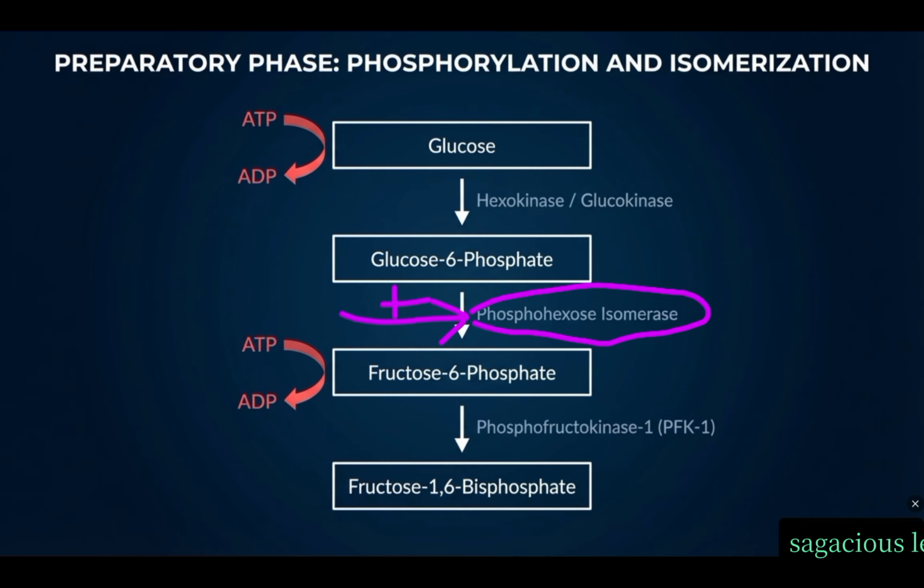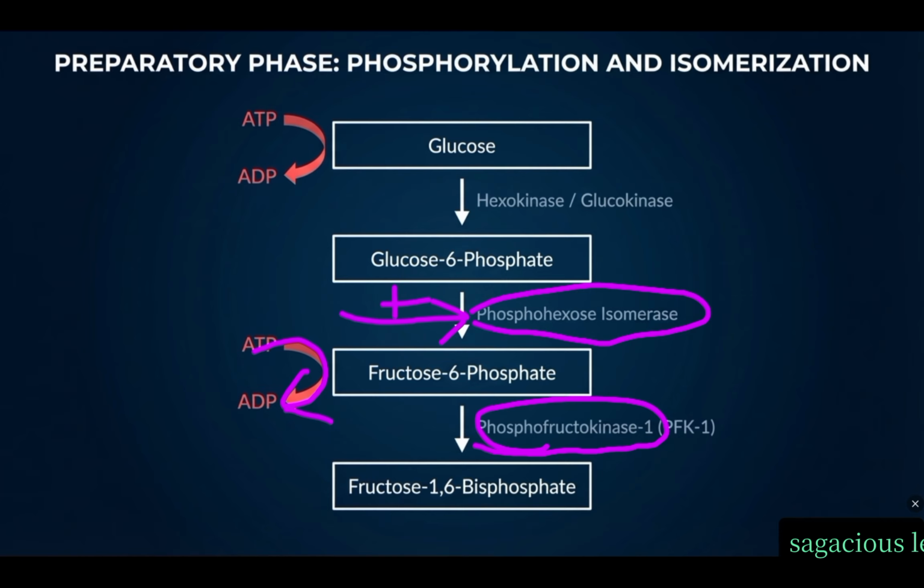Another enzyme is PFK type 1, which is also called phosphofructokinase type 1. Phosphofructokinase type 1 converts fructose-6-phosphate to fructose-1,6-bisphosphate by taking an ATP molecule and converting it to an ADP molecule.